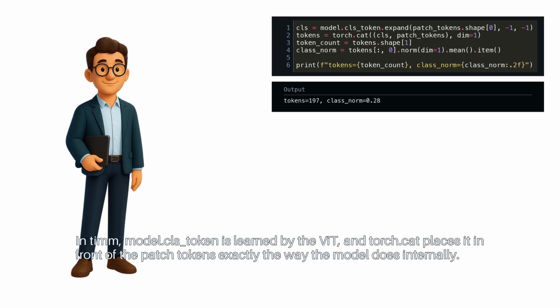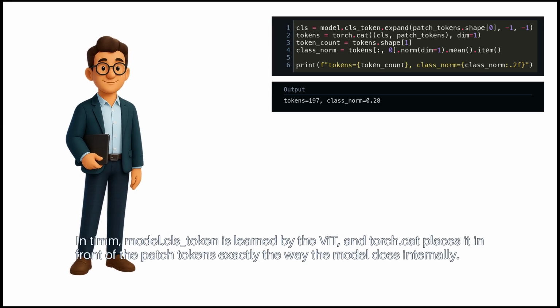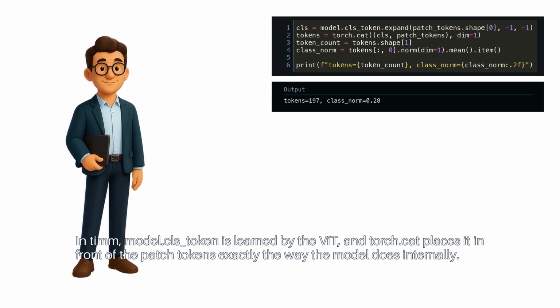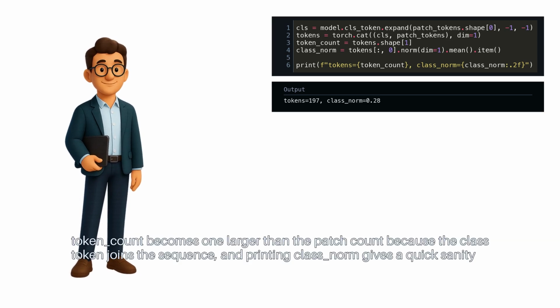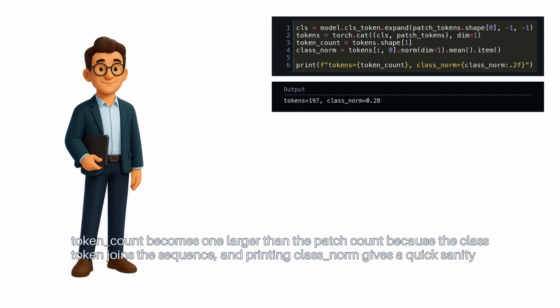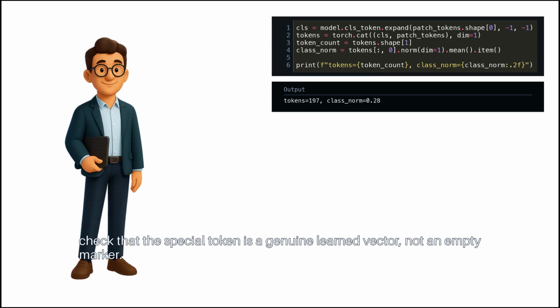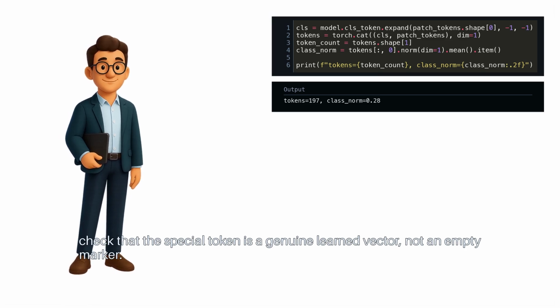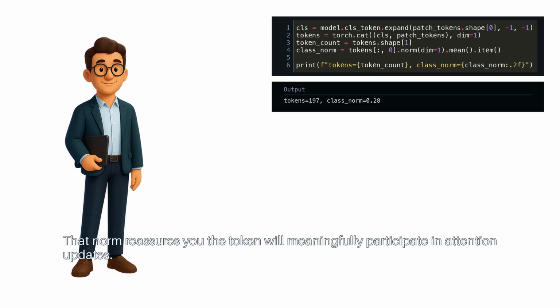In timm, model.cls_token is learned by the ViT, and torch.cat places it in front of the patch tokens exactly the way the model does internally. Token count becomes one larger than the patch count because the class token joins the sequence. And printing the class norm gives a quick sanity check that the special token is a genuine learned vector, not an empty marker. That norm reassures you the token will meaningfully participate in attention updates.